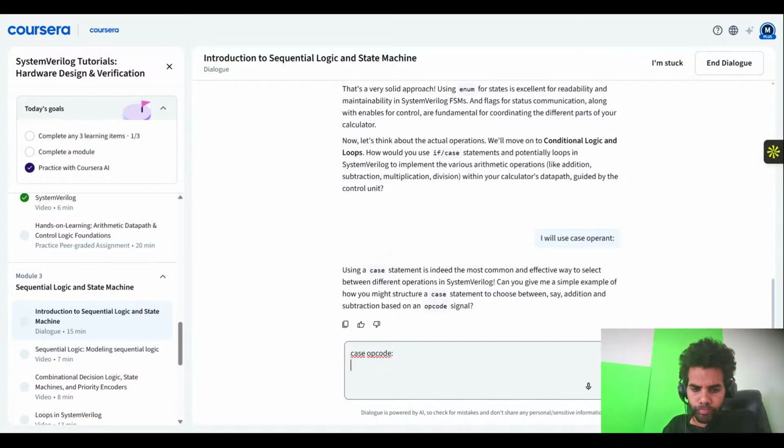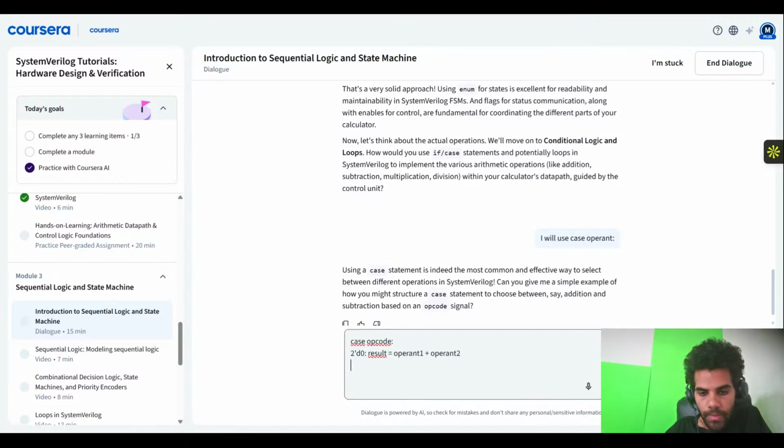Let's say, a 2-bit code of decimal 0, then this is addition, then result equals operand 1 plus operand 2. And for subtraction, result equals operand 1 minus operand 2.